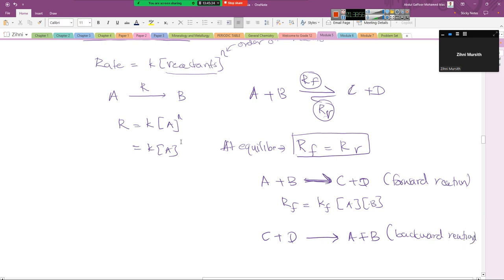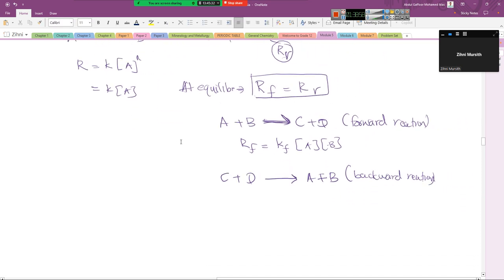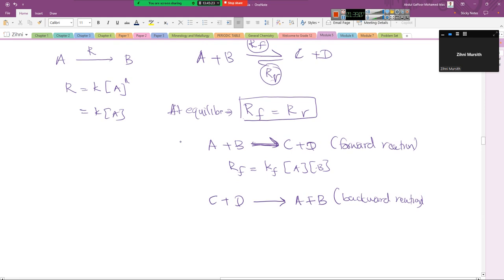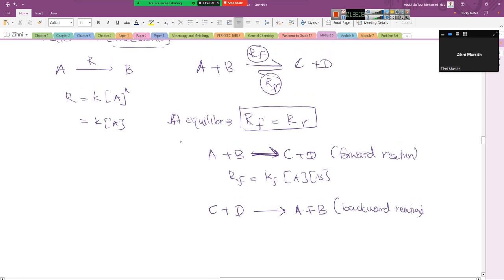Now can you just try to write the rate law of this backward reaction? As I have written the rate law for the forward reaction, can you just try to write down the rate law of the backward reaction?